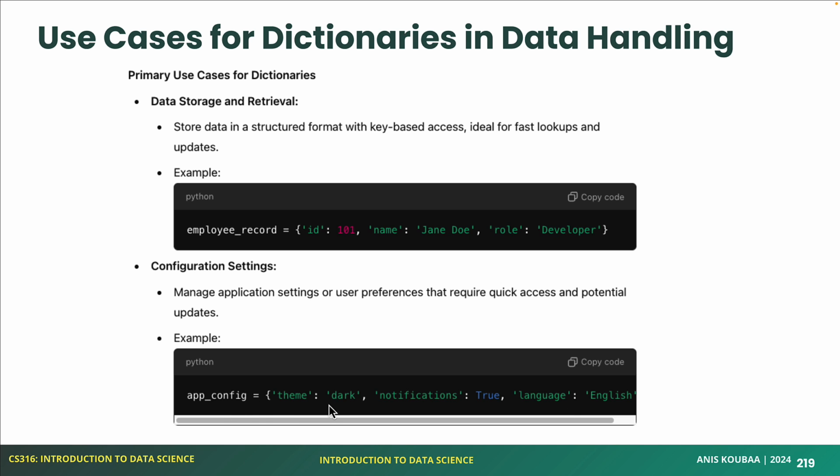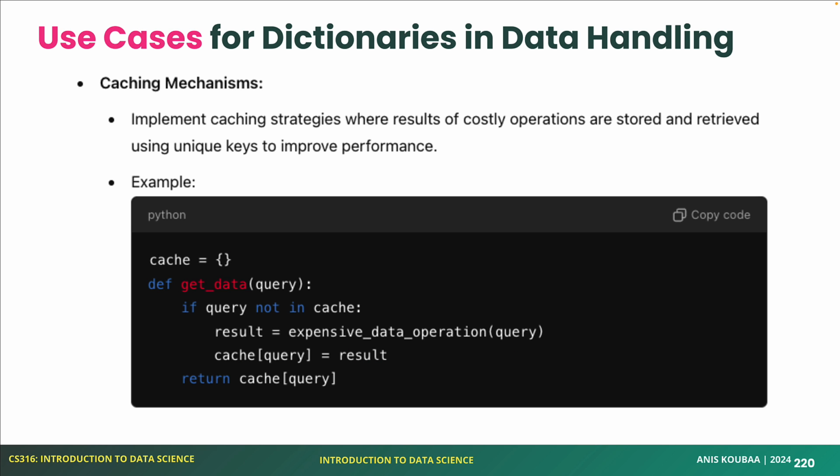You can arrange them as a dictionary and save them on the hard drive in JSON format, which you can load afterwards to retrieve all your keys and values. It can also be used as a caching mechanism, when sometimes you want to have persistent data on the hard drive. You can store it as a dictionary, a local cache, and delete it when you no longer need this data.